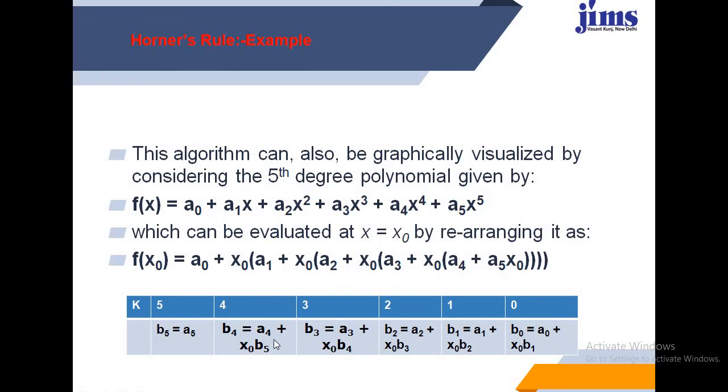So this is A4 plus x0 V5. Now next you will move to the next column, where you will find V3.